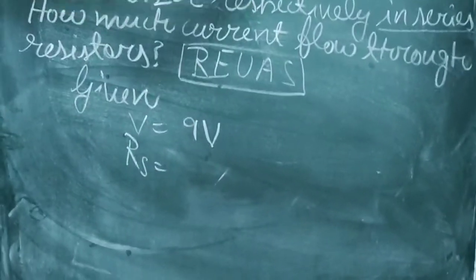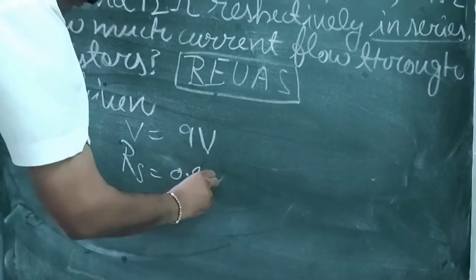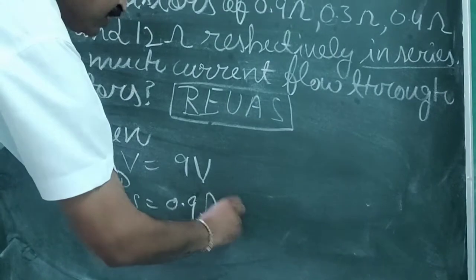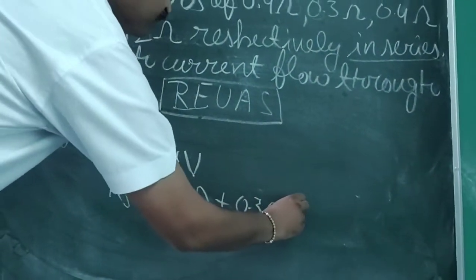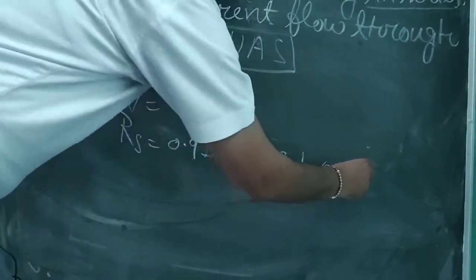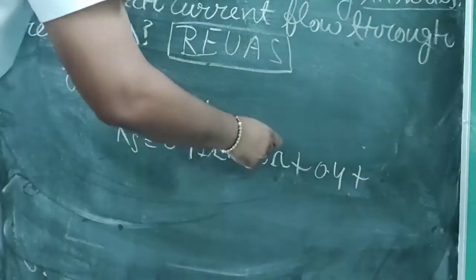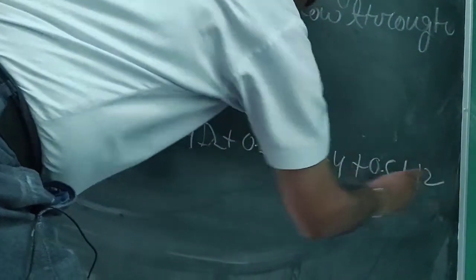Now in this, when you add these resistors according to the formula, 0.9 ohm plus 0.3 ohm plus 0.4 plus 0.5 plus 12.